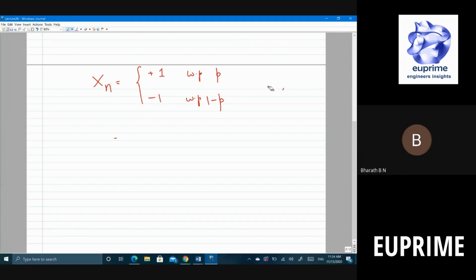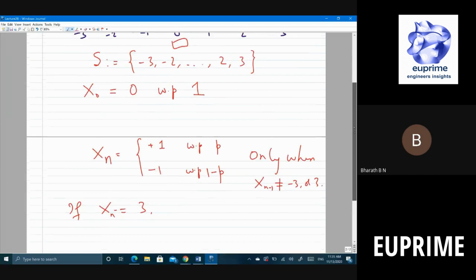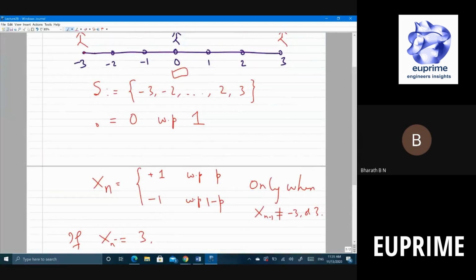This is true only when xn is not equal to -3 or 3. Sorry, let me use a different random variable. Y0 is the position, and xn is some random variable.